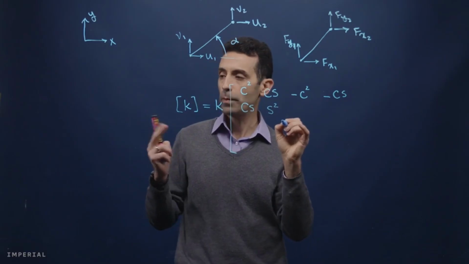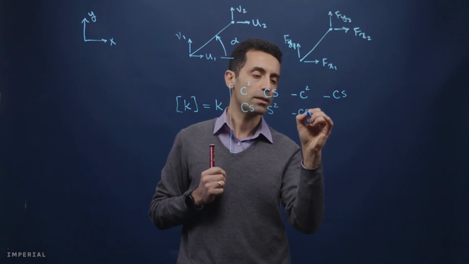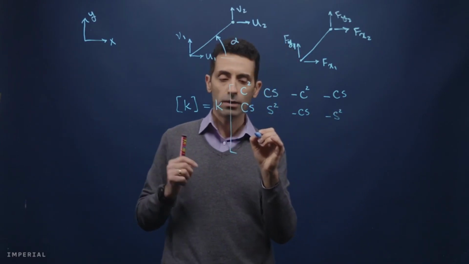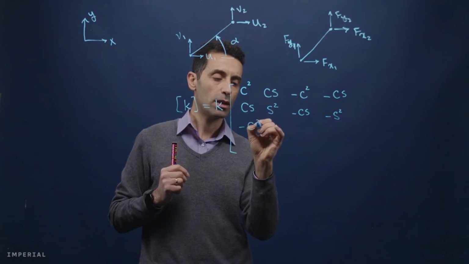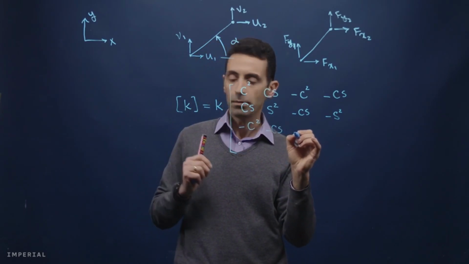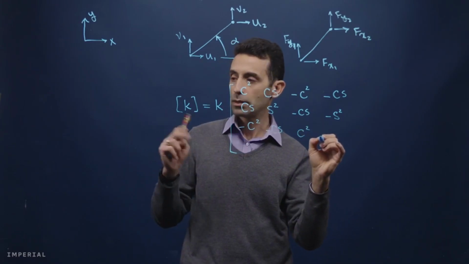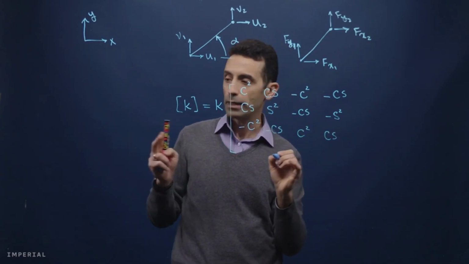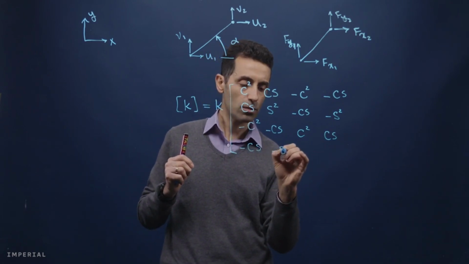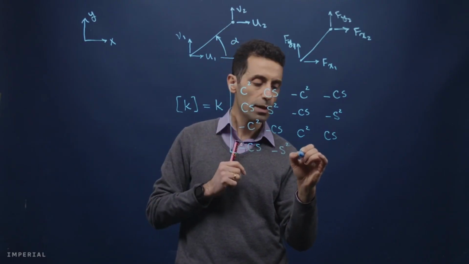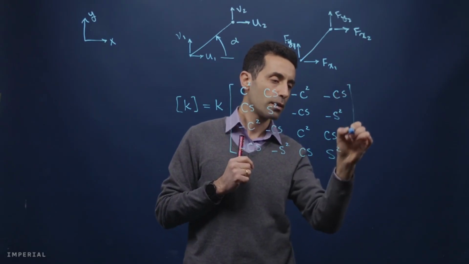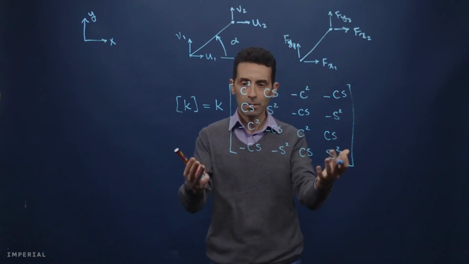So CS, S², minus CS, minus S², and then we have minus C², minus CS, C², CS, and then finally the last row, minus CS, minus S², CS, and S². Okay, so this is our element stiffness matrix.